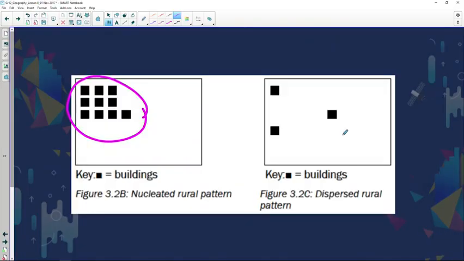And if you look at the dispersed patterns, the reason why the farmers live far from each other is because they have sufficient water and fertile land. Once we come back after the break, we will discuss more characteristics of nucleated and dispersed settlements.